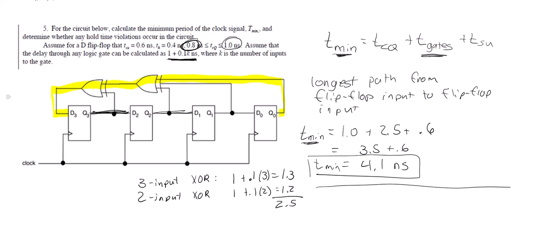Again, we're looking for worst case scenario, but worst case on the smallest end. So you have the propagation delay, which is 0.8 nanoseconds, and there's nothing else to add. We want to see, is that greater than the hold time? If it is, then you're okay. And 0.8 nanoseconds is greater than the hold time, which is 0.4, so there are no hold time violations.